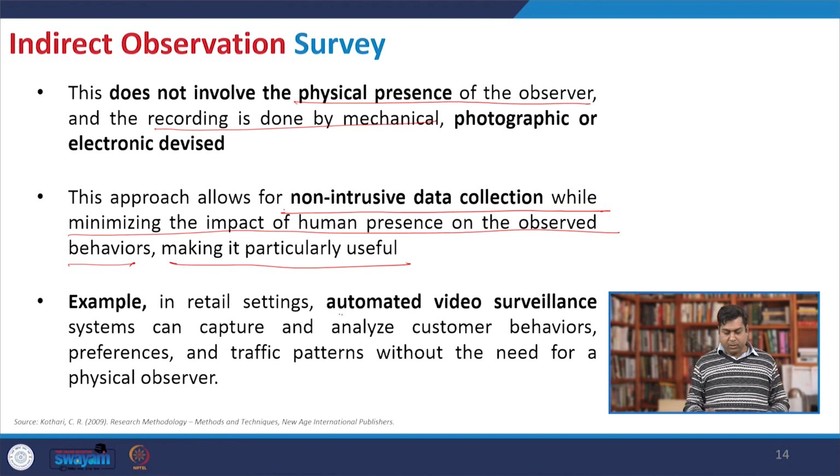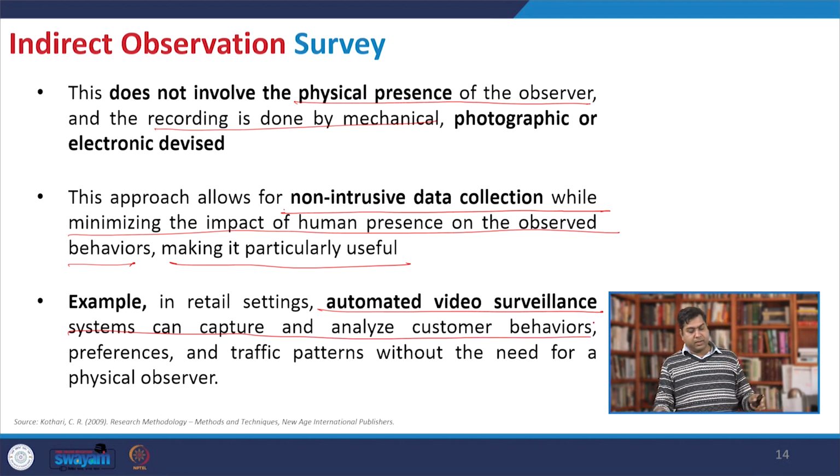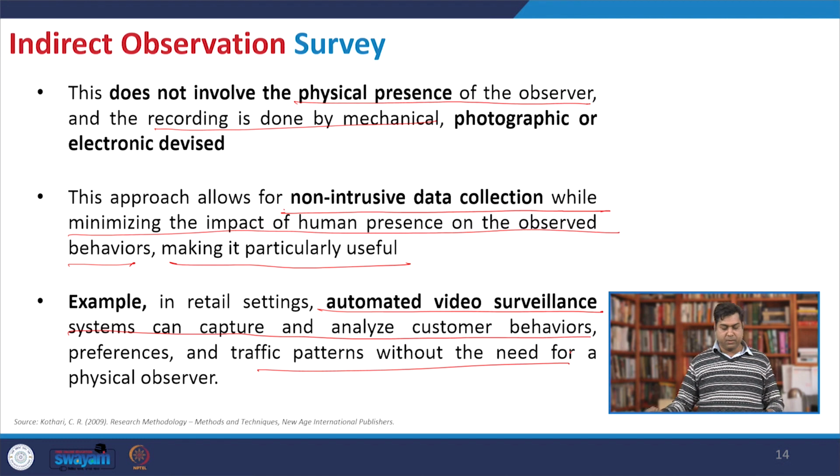For example, an automated video surveillance system can capture and analyze customer behavior, preferences and traffic patterns without the need for a physical observer. So in such cases you must have seen cities, traffic intersections and all. So there are cameras installed, or maybe you are going to a particular shopping mall, cameras installed over there, the CCTV, which is capturing your behavior.